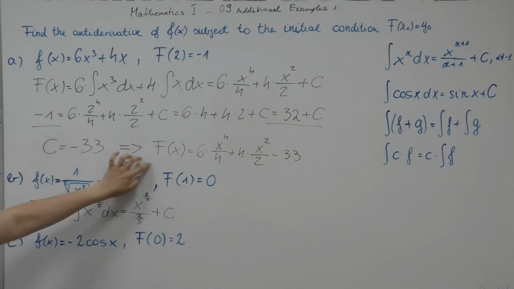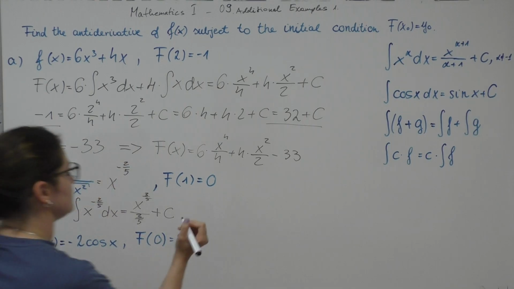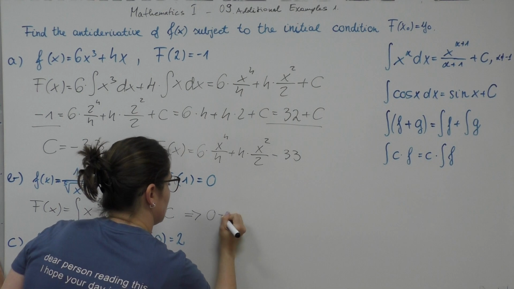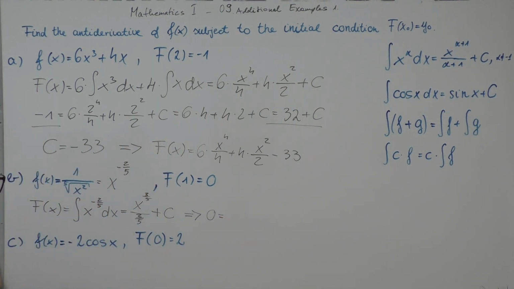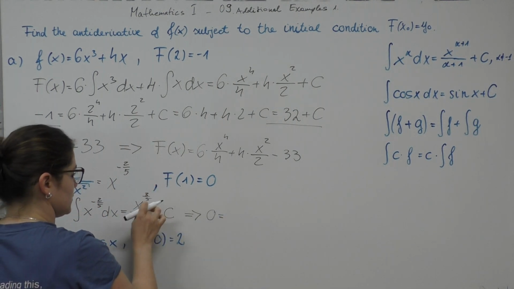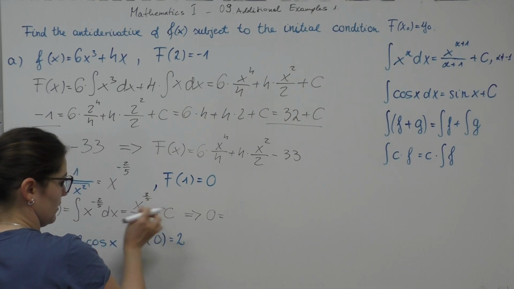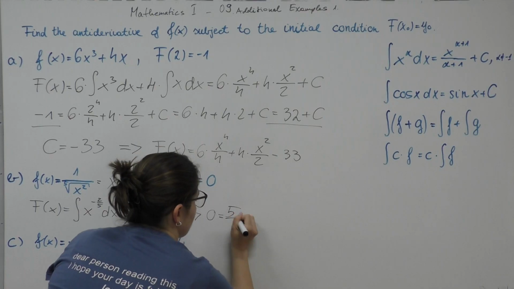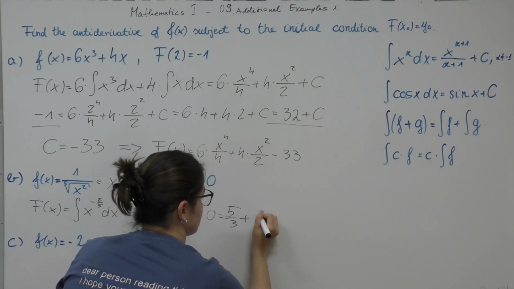Okay, now we use the condition and we substitute, so 0 is gonna be, we write 1 for x, so this is gonna be 1 over 3/5, so this equals 5 over 3 plus c.